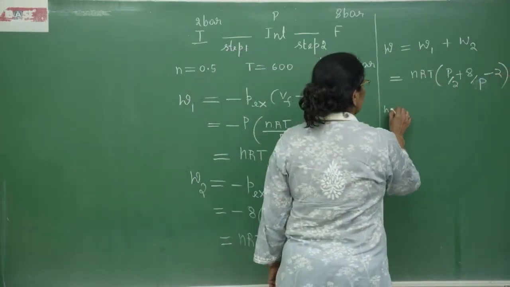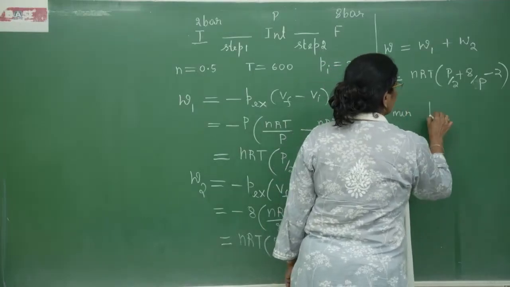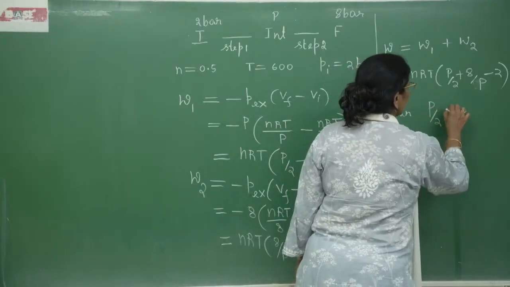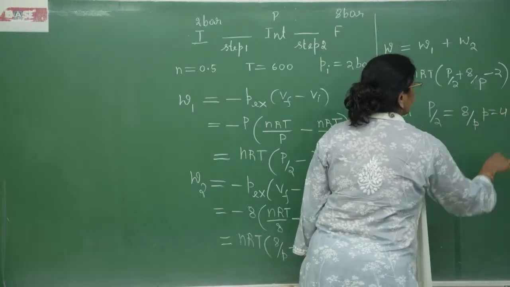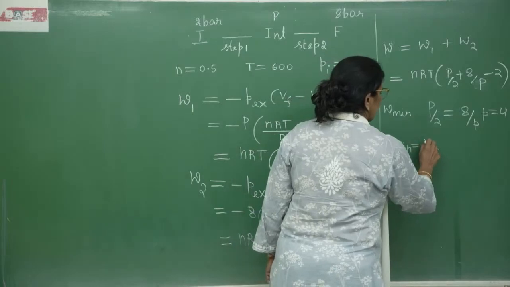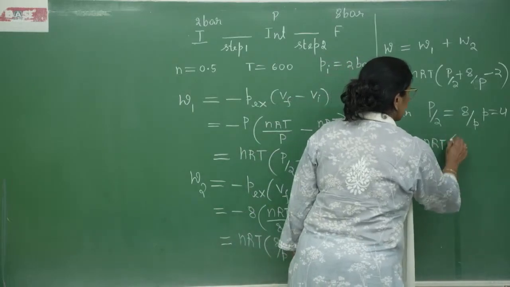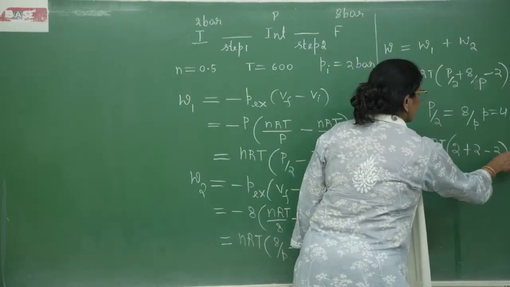They have asked the minimum work done. For that, the condition should be P by 2 equal to 8 by P, that is P is equal to 4. So minimum work done will be equal to nRT into 2 plus 2 minus 2, that is 2 nRT.